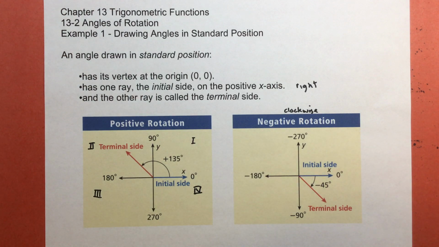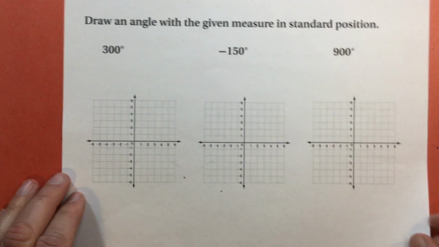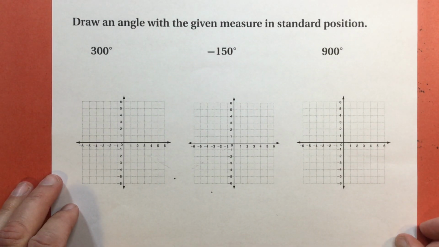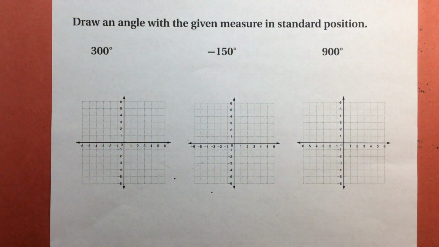So what we're talking about is using a math description to describe the idea of turning. And we'll be getting into that. But first, let's do a couple of examples. In order to do this, I made a couple of grids, and we're going to estimate these angles, which is perfectly okay.